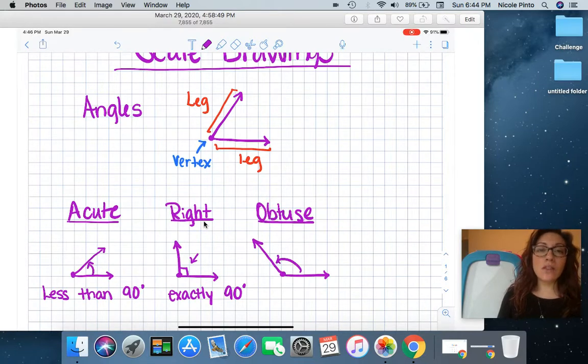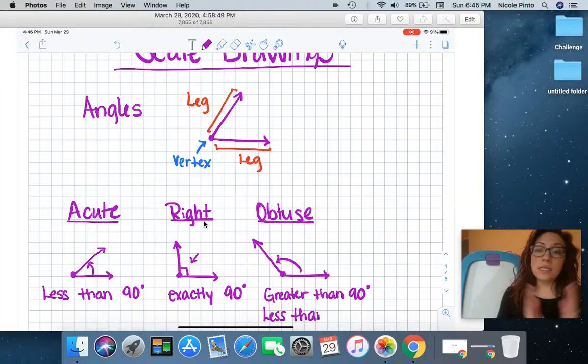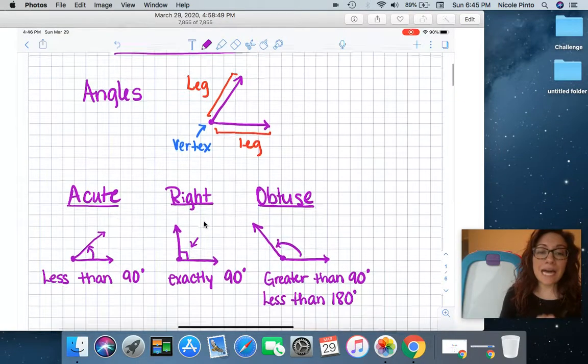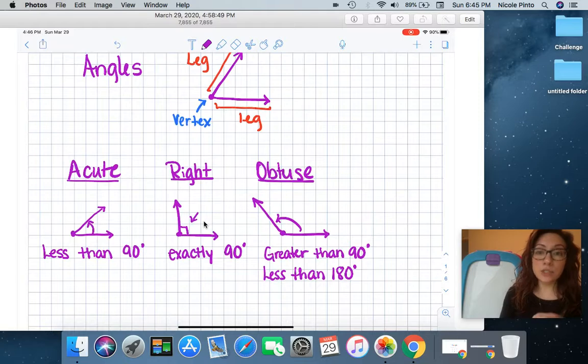Any angle that is greater than 90 degrees, más grande que 90 grados, but less than 180, menos que ese 180, we say that it is obtuse, okay? So we have acute, which is small, less than 90 degrees, right, which is exactly 90 degrees, and obtuse, which is bigger.